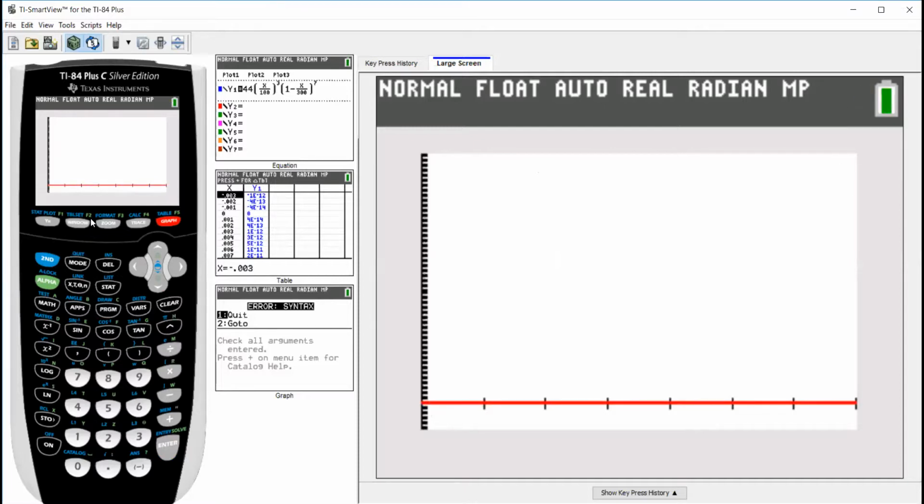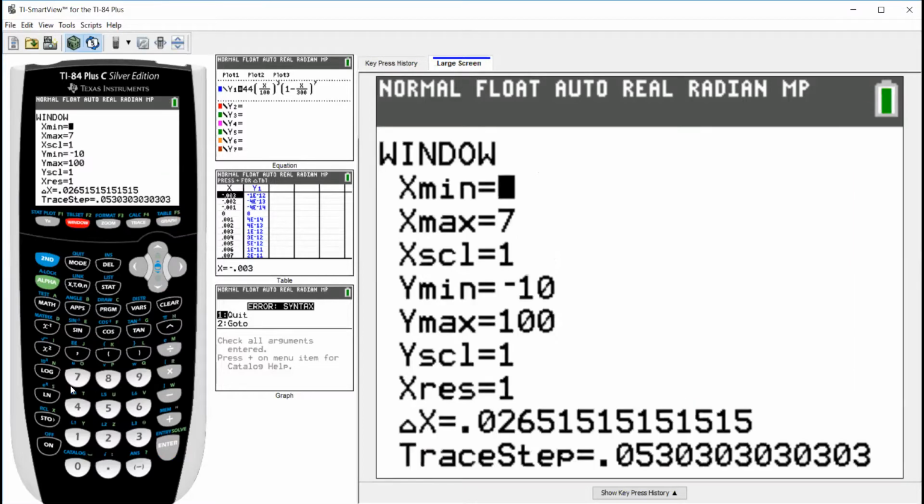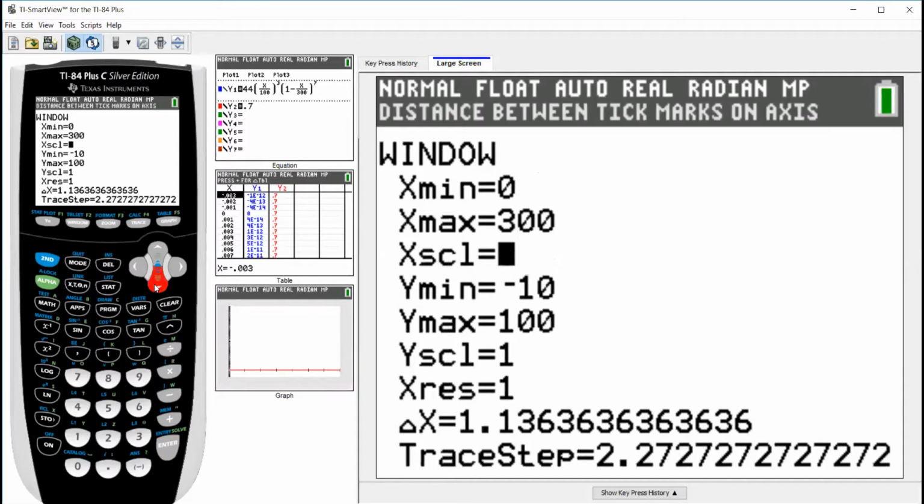Yellow thing finished. Window. I actually don't want this. I want 300. And I guess I'll go to 10. I don't even need to go that high. I can go 1 and -1.